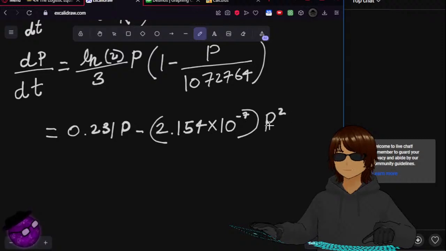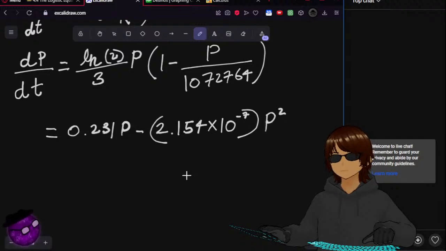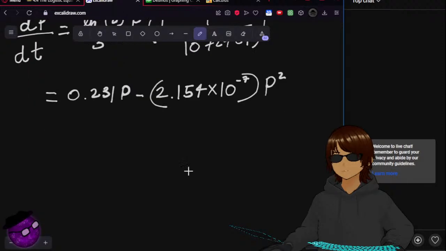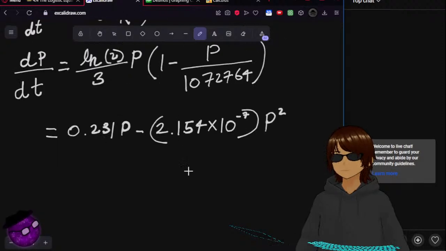P square. This is going to be difficult.